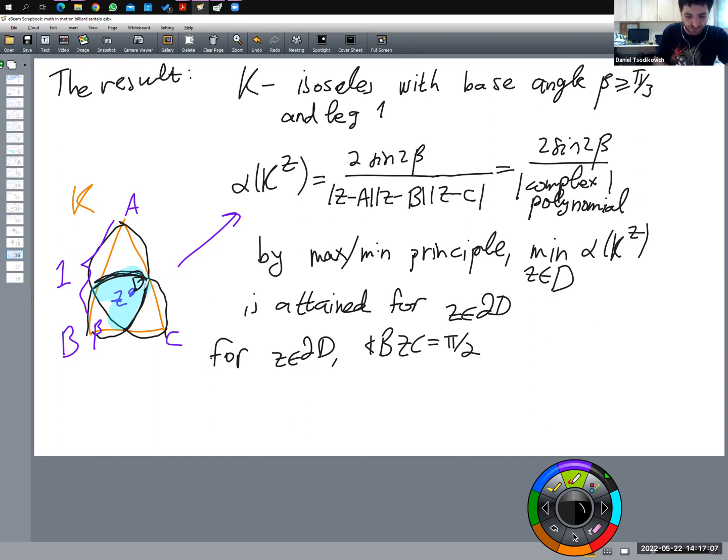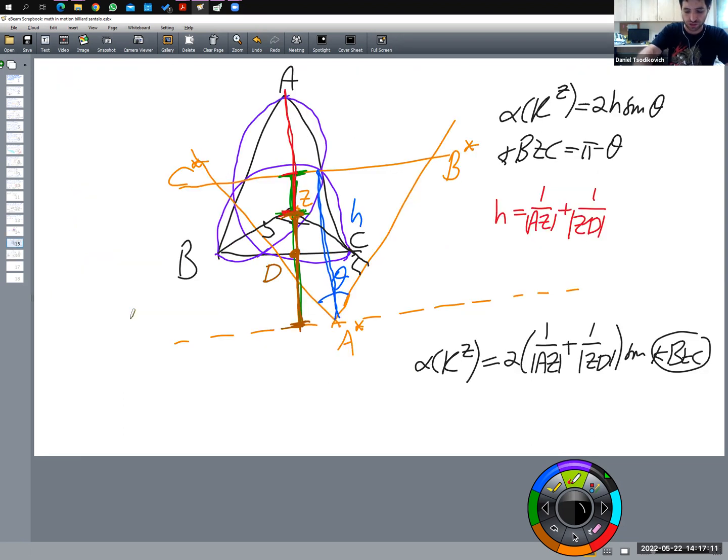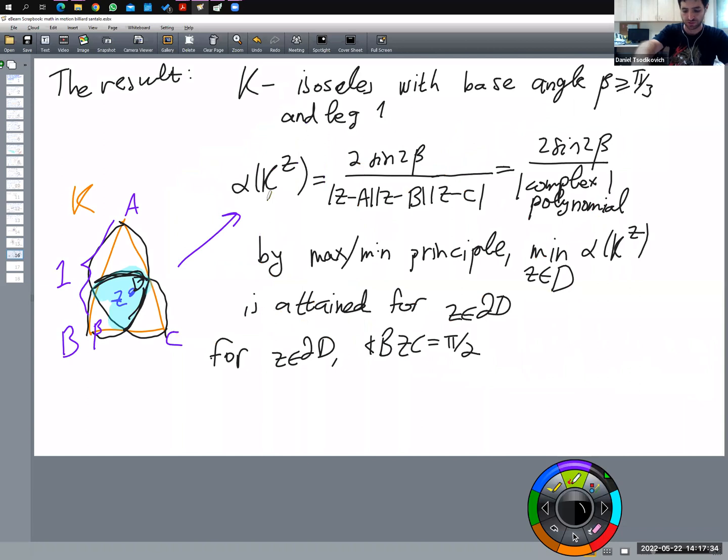If it's on another arc of the boundary, then we just reuse this formula using another vertex. So instead of connecting it to A, we connect it to C, for example, and it will still be the same expression. It will be the sine of this angle times 1 over this length plus 1 over this length.